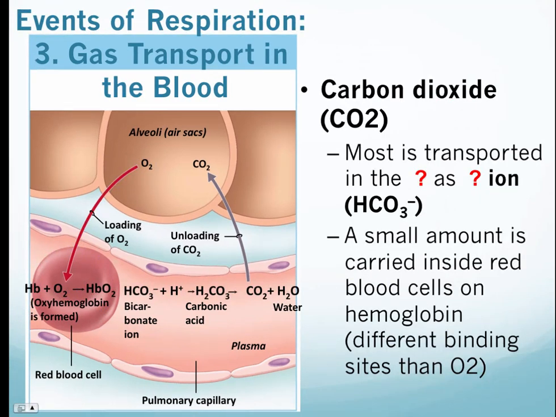Carbon dioxide actually takes on a different form, in that it's transported within our plasma in the form of a bicarbonate ion. And this is going to happen at the cellular tissue level.